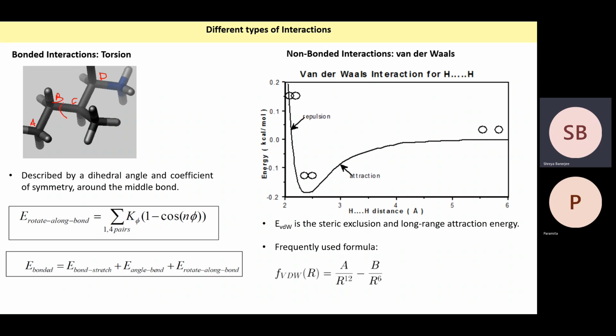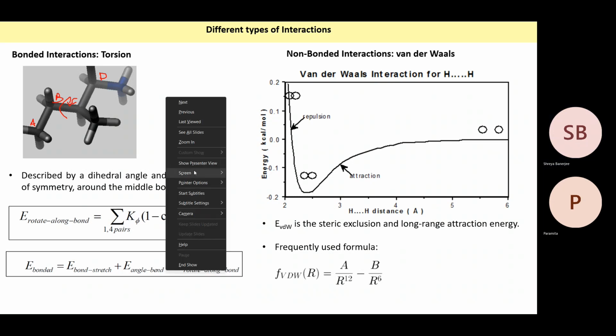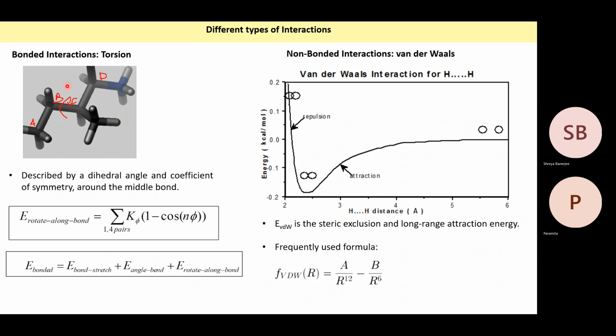So basically it is talking about the rotation along the middle bond. The torsion angle is defined by the angle of rotation along the middle bond, which connects. There are three bonds connecting four atoms, and the angle of rotation along the middle bond is called the torsional angle. That is also defined by a formula which has a constant K and 1 minus cos n phi, where phi is the torsional angle.